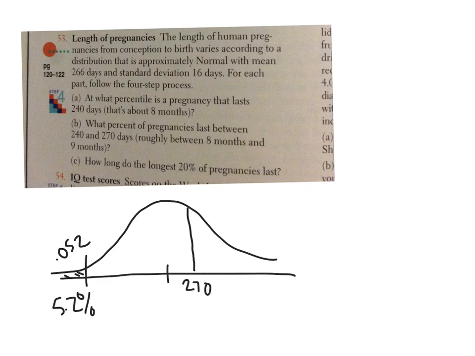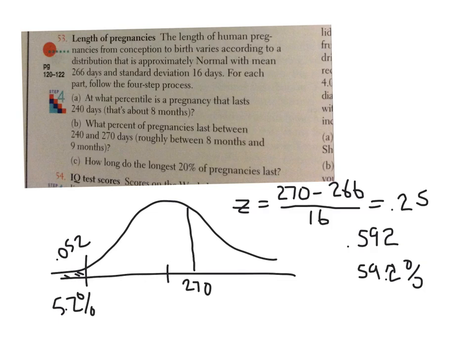270. I am going to do a z-score again, our old friend. So here's my z-score right here, 0.25. Put that into normal CDF, negative 100 to 0.25 gives me 0.592 as the area, 59.2%.